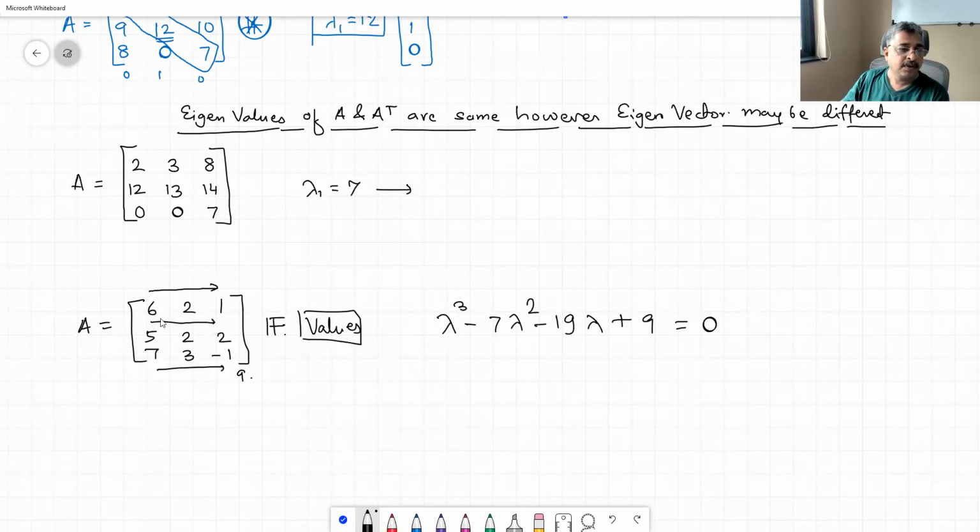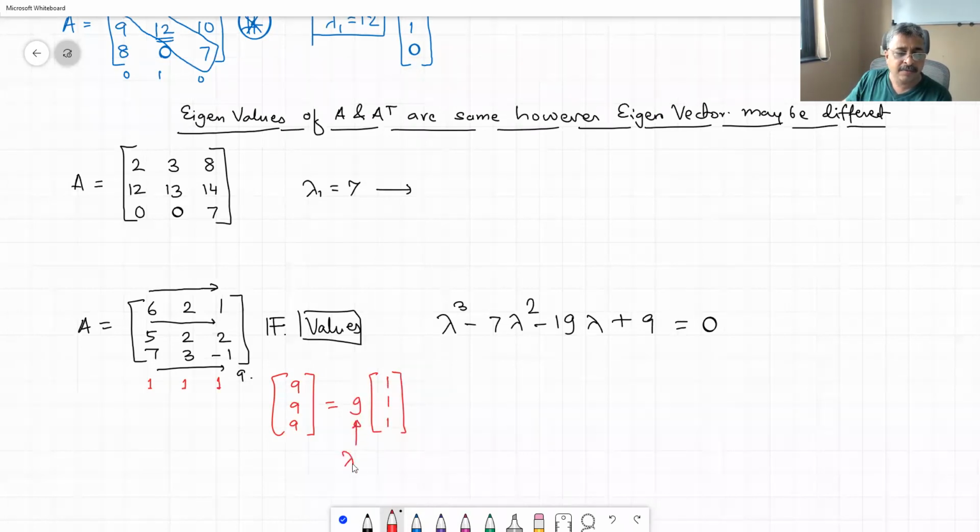Therefore, if you take one of this vertical vector plus one of this vertical vector plus one of this vector, you will get the vector 9, 9, 9. Is that right? And therefore what you can say is 9 times 1, 1, 1 is 9, that is your lambda 1, and this is your eigenvector 1, which is available with us because of the summation.